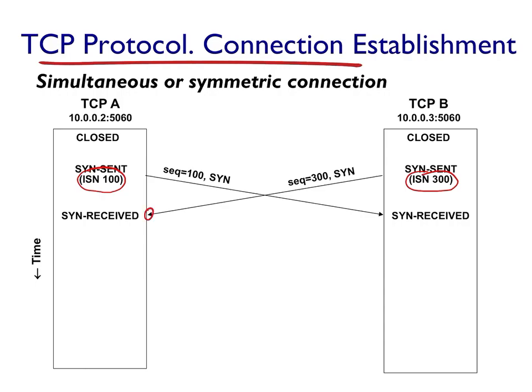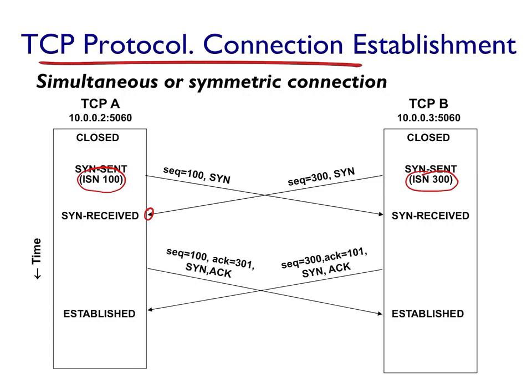At this point, A knows that it wants to connect with B, but B was also thinking about connecting with A. So if I want to connect with B and B also wants to connect with me, I send the SYN ACK message with the same sequence number as the previous one and ACK number 301, because I have received 300 plus 1 from the SYN. The same situation here.